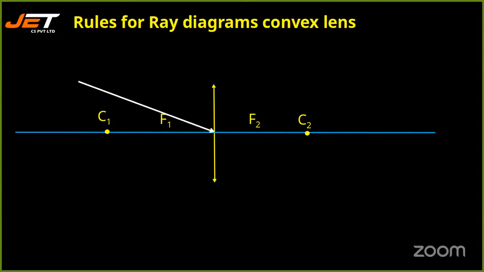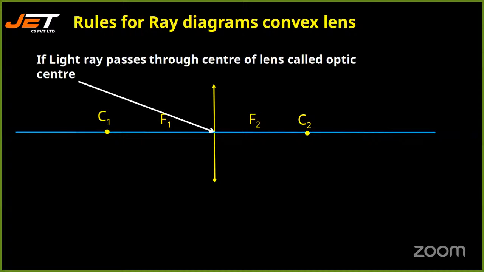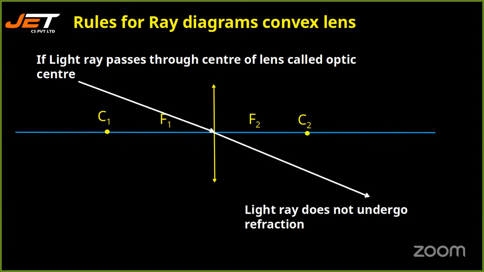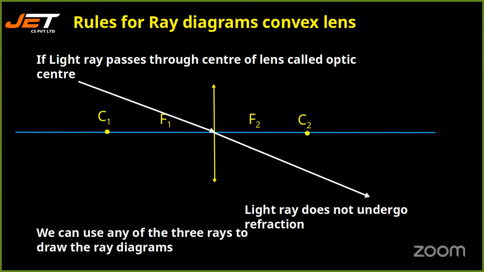If a light ray is sent through the center of the convex lens, which is called the optic center, it does not deviate at all. The light ray does not undergo refraction. Whenever a light ray passes through the optic center, or directly along the principal axis, it goes undeviated. We can use any of these three rays to draw ray diagrams.